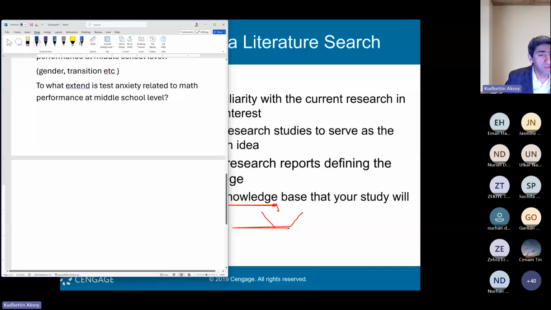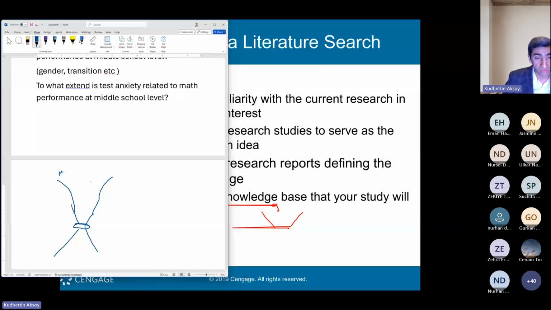So basically, you start general, then you narrow it down, and then you generalize. This is when you lay out your research process. You read, and then you focus on generic stuff: math performance, how it is, what kind of students are successful, and then anxiety in general.